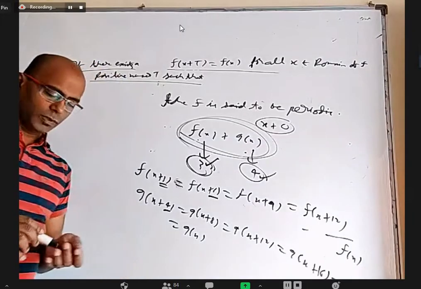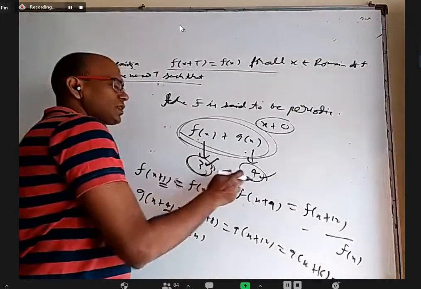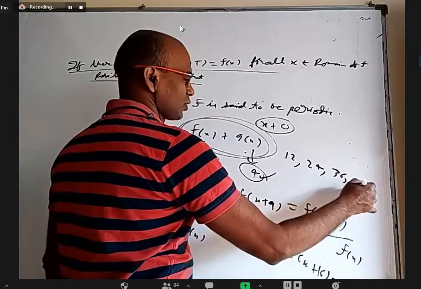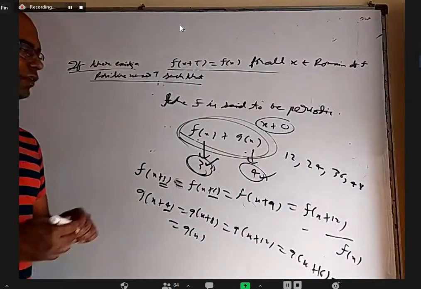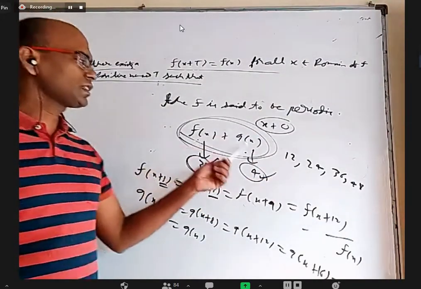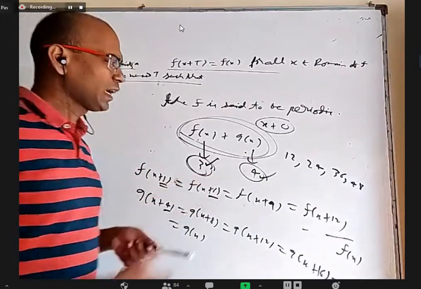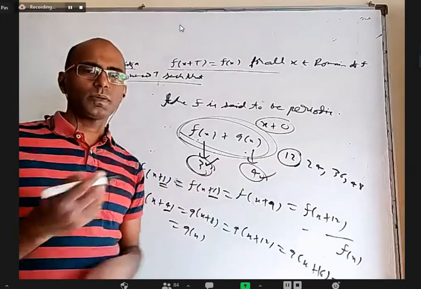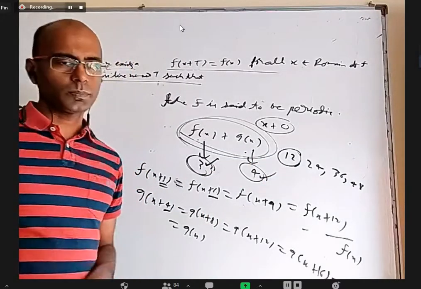That is a common multiple. And the common multiples of 3 and 4 are 12, 24, 36, 48, and so on. So when I replace x with x plus 12 or x plus 24, x plus 36, this will not change, the total will not change. Among them, the least number. So among the multiples of 3 and 4, the least number is the LCM, least common multiple.